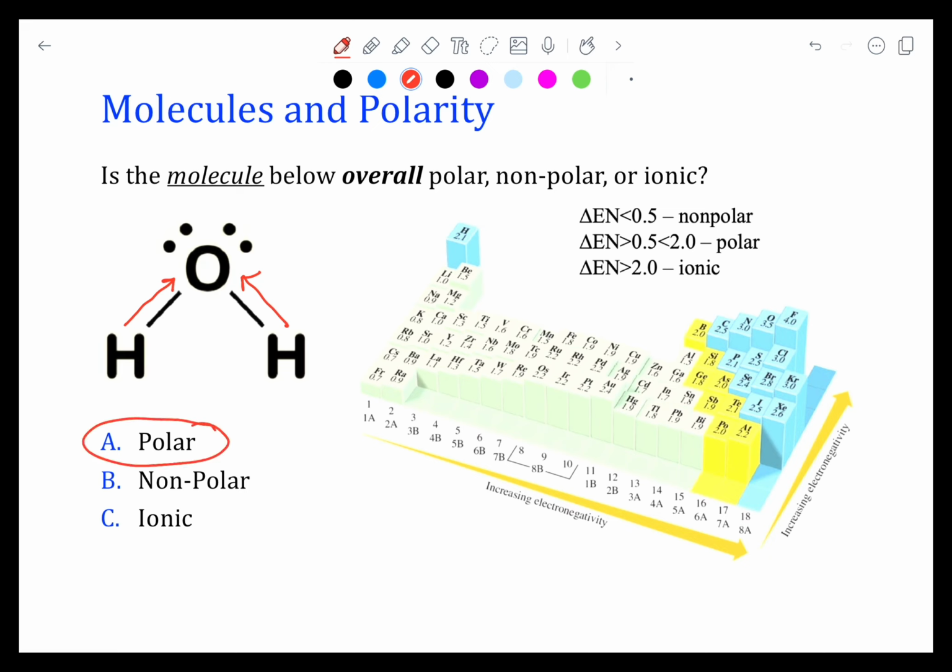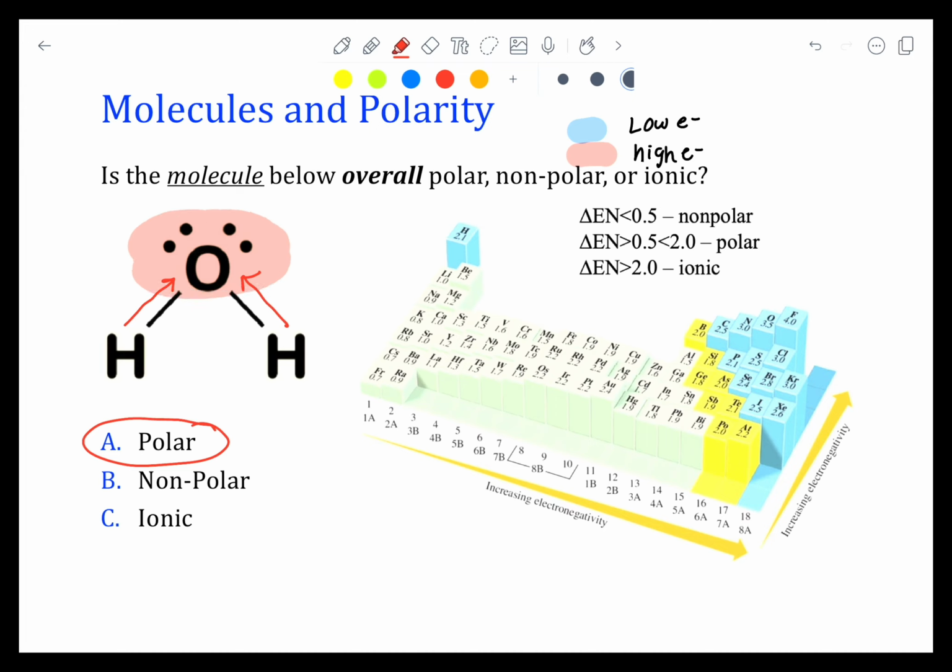If you think about it, let's try to draw some here. Should I use a highlighter? That might be easier. We'll say that blue is low electrons, and red is high electrons. Because the oxygen is pulling all of those electrons towards it, it has a lot of electrons over here.